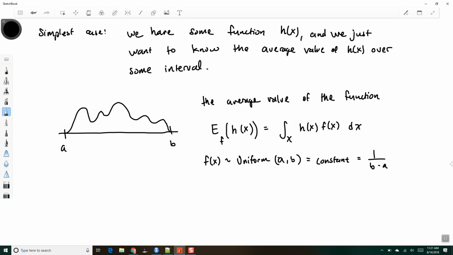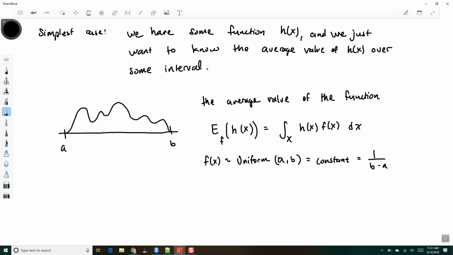Does that make sense? If we just want the average value of the function, technically we're applying the function to a constant, not where x is coming from the normal distribution or anything like that. If we integrate this, it will give us the average value of the function here, right?